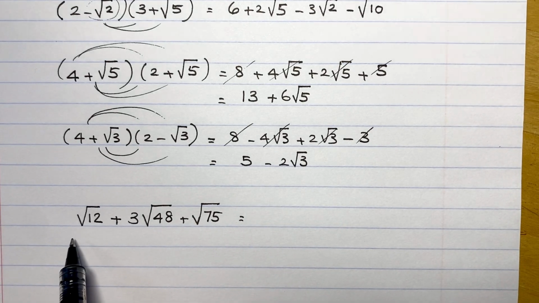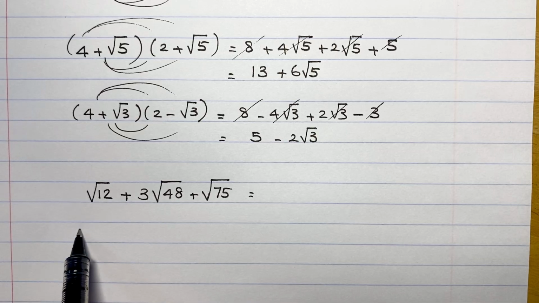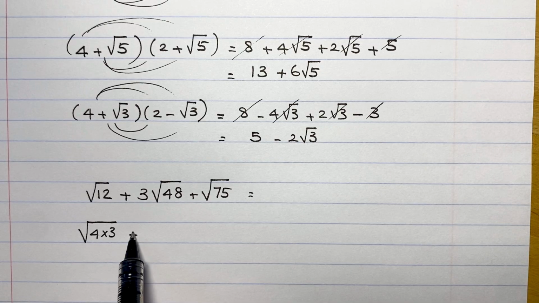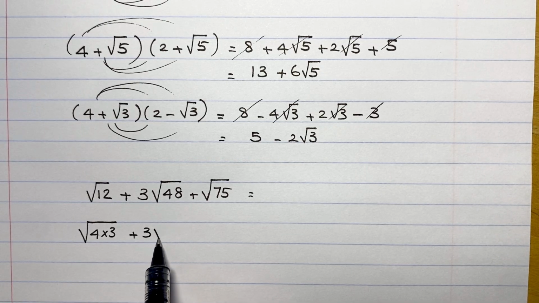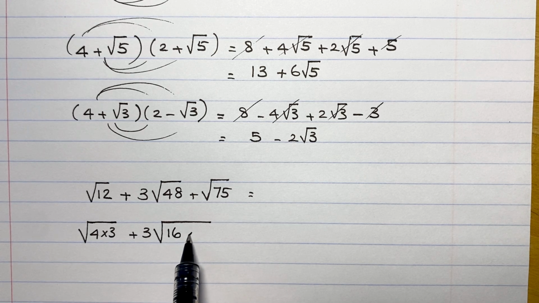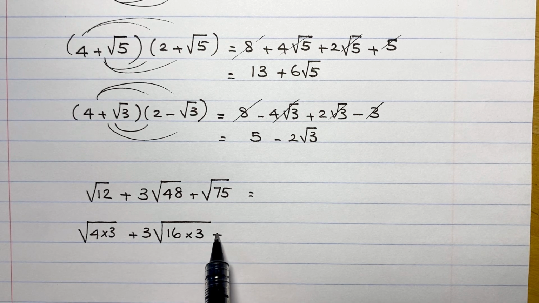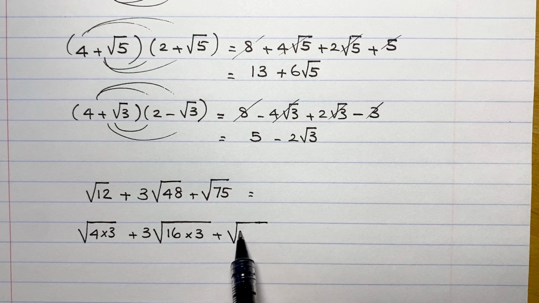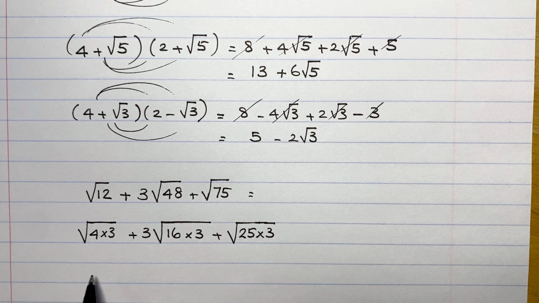The biggest square number that goes into 12 is 4. So I write this as 4 times 3. Or you could write 3 times 4, but it's easier if you have the square number written first. It's more convenient. 48 is made of 16 times 3. And 75 is made of 25 times 3. Split them.